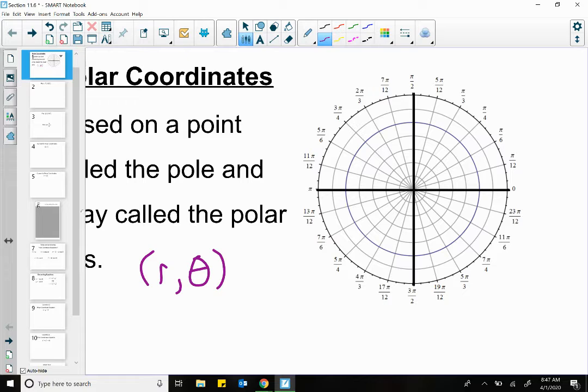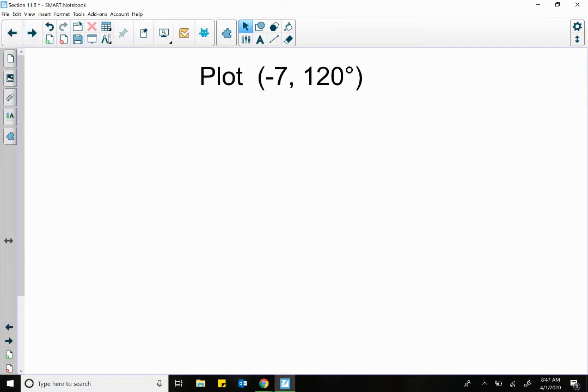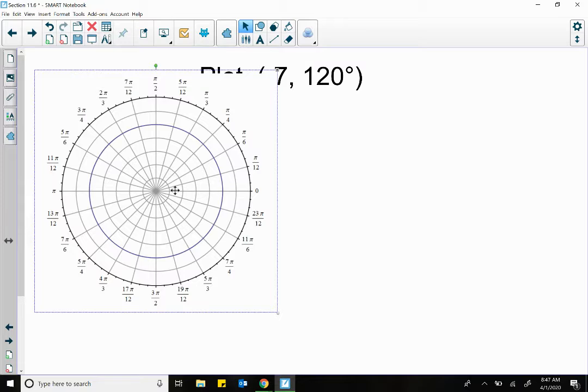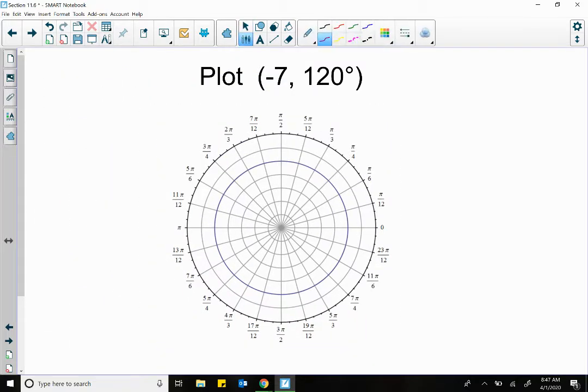If I come back here, let's just grab this graph, copy, edit and paste. What you need to do first, if you're going to plot this, is think of this -7 right here as a positive.